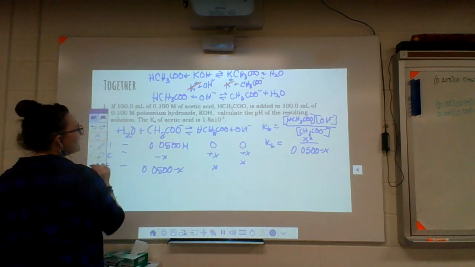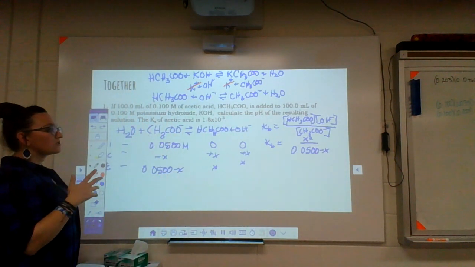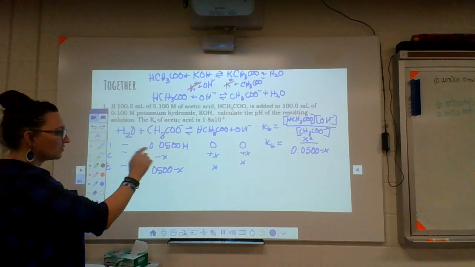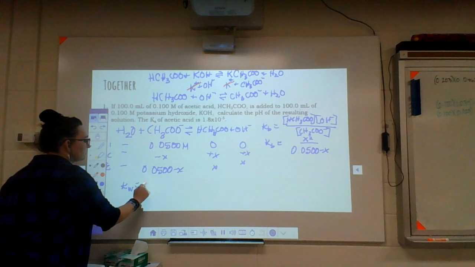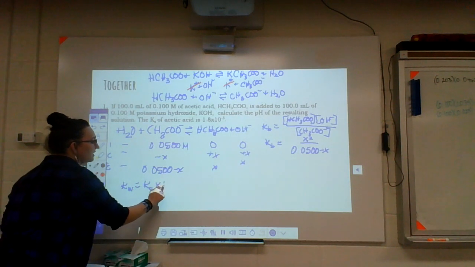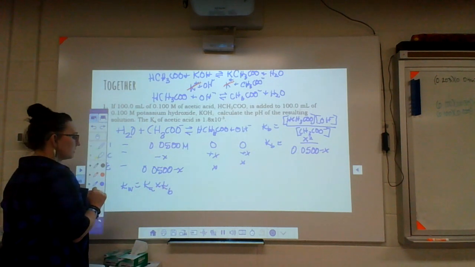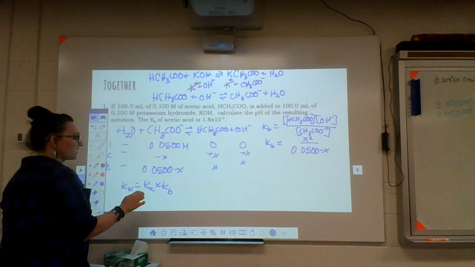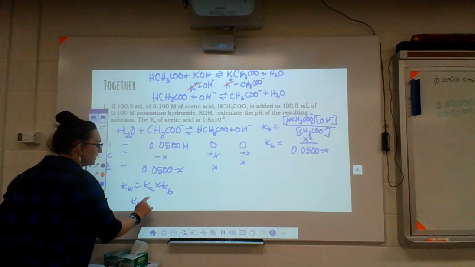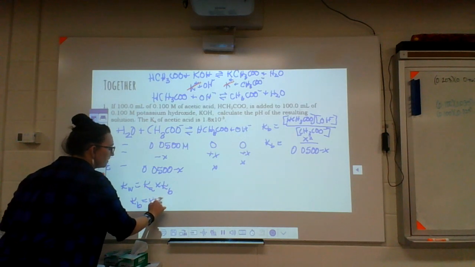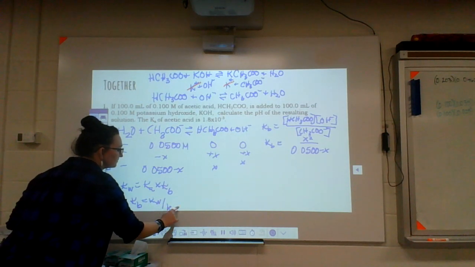But they gave me Ka. So I actually need to calculate my Kb in order to solve this. So Kw is equal to Ka times Kb. So rearranging, Kb is equal to Kw divided by Ka.